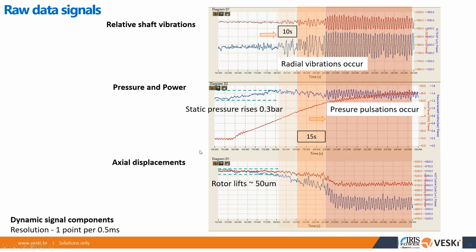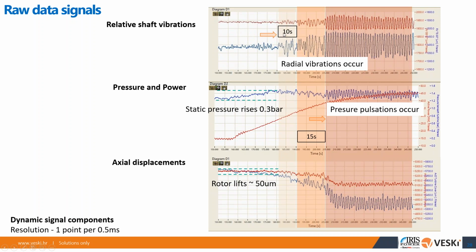So before the machine enters the low frequency wobbling, the sequence of events is like this. Static pressure builds up during roughly 30 seconds, and the axial position shows that the rotor lifts. So there is a correlation between the static pressure under the turbine and the rotor lifting by 50 microns. At that point, first what generates are radial vibrations, not the pressure pulsations, but the radial vibrations.